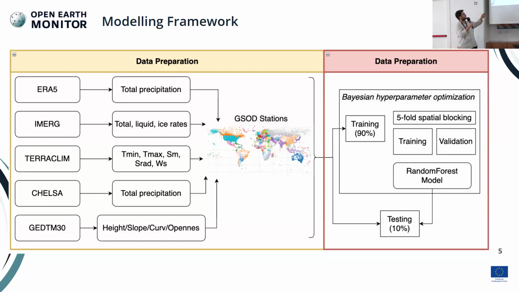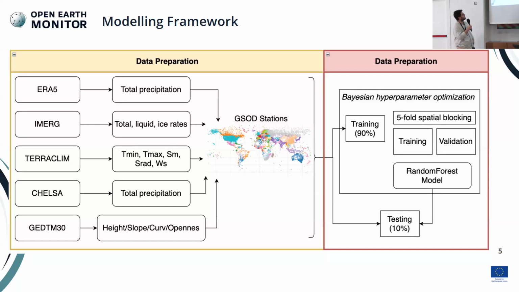What we do is create covariates from these models, usually total precipitation to be fused, but also other climate data sets from TerraClimate, which is a 4-kilometer data set, like minimum and maximum temperature, soil moisture, which is an integrated part of the water cycle, and surface radiation and wind.